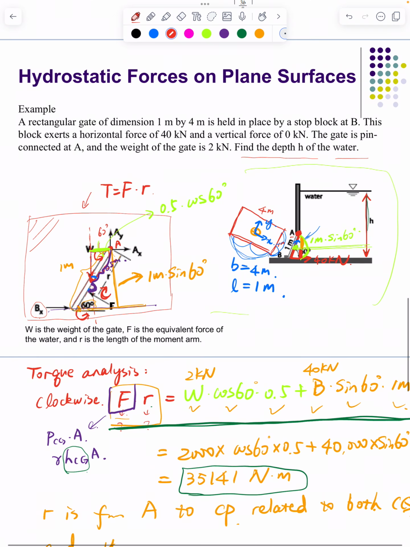So we know it's 1 meter multiplied by sine theta divided by 2. Divided by 2 is this short distance. So the HCG equals H minus this distance.